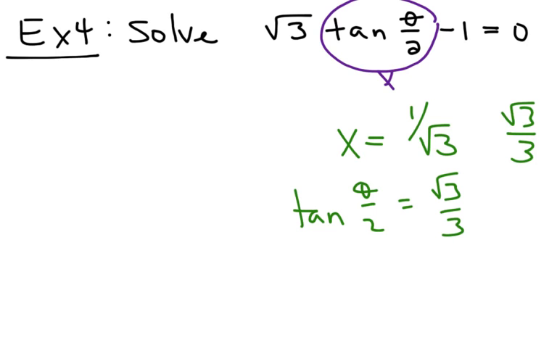Remember that with tangent, we're only going to get one answer instead of writing 2, because tangent's period was only 1 pi, and the answers that are both positive or both negative are already 180 degrees away from each other. So when you do the inverse tangent of the square root of 3 over 3, if you do that in degrees and then change it back into radians, you're going to find out it's 30 degrees, which is pi over 6.